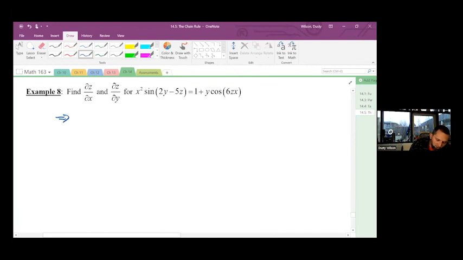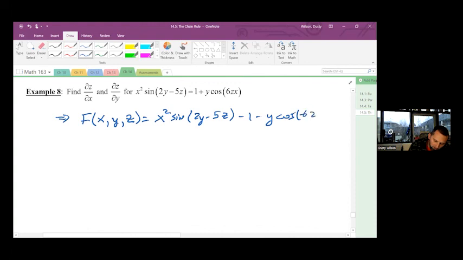And so this means that we have some big F of x, y, z equal to x squared sine of 2y minus 5z minus 1 minus y cosine of 6zx equals 0.